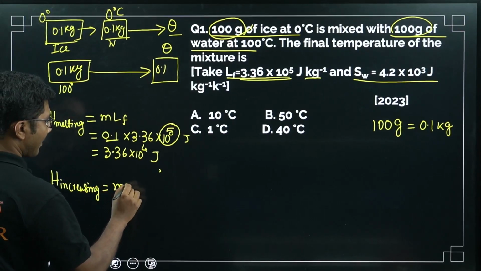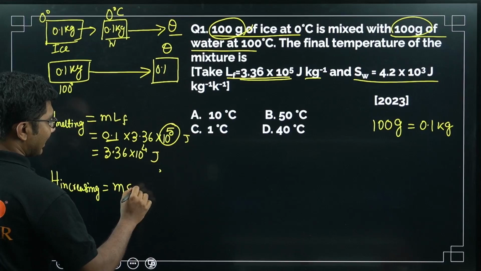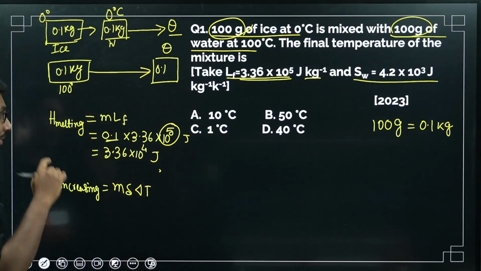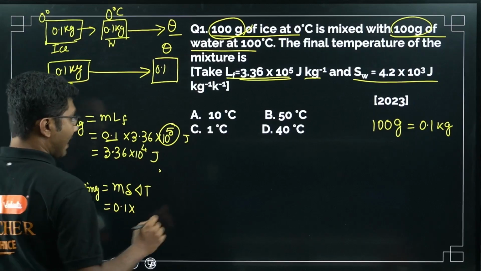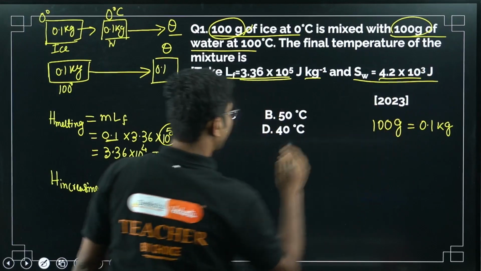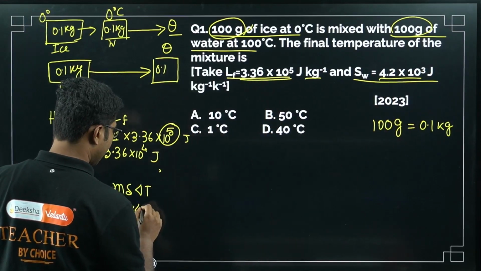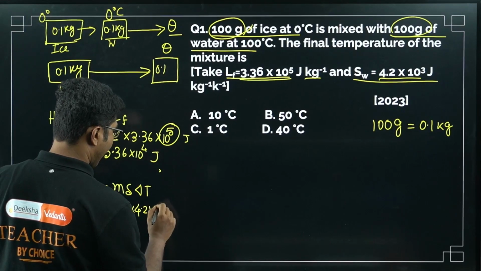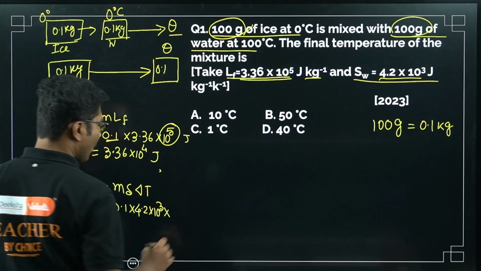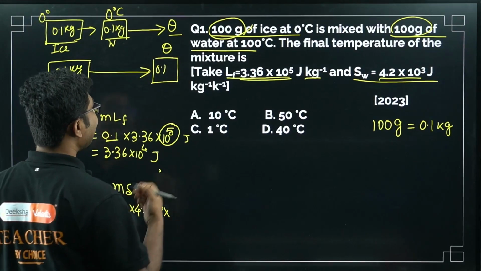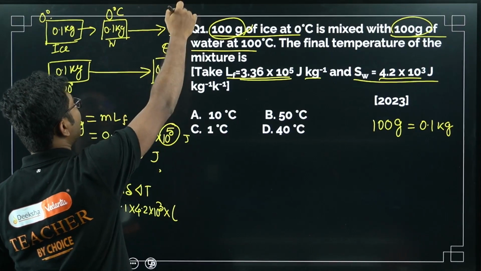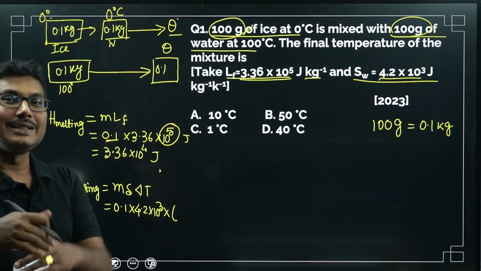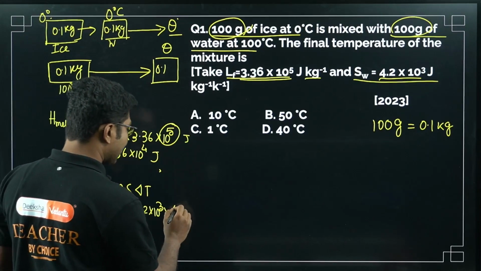We know that it is m s delta T, right? M is 0.1, s is given here as 4.2 times 10 to the power of 3. And what is delta T? Delta T is the temperature difference. Initial temperature is 0, final temperature is theta. In this case theta is more, so theta minus 0.